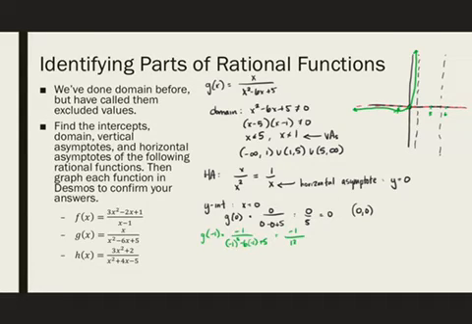Okay, so let's try the 3. So g of 3 is going to be 3 over 3 squared is 9. 6 times 3 is 18. So 9 minus 18 is going to be -9 plus 5 is a -4. So I have 3 over -4, and that's going to be down here.